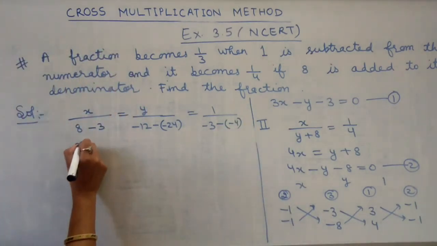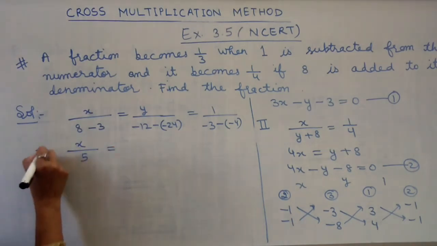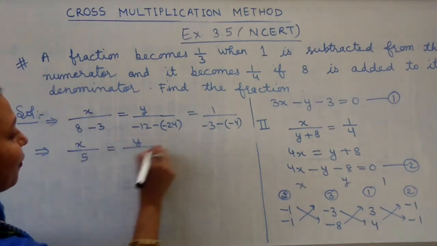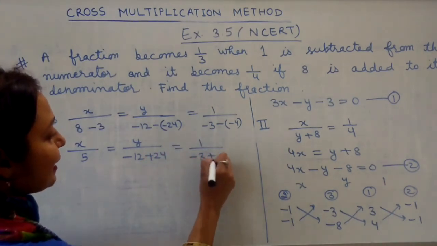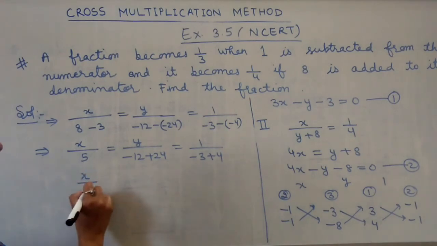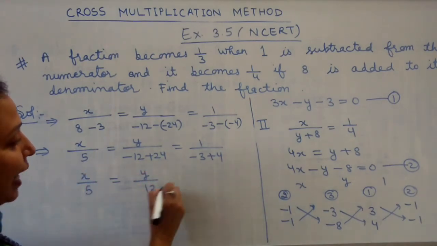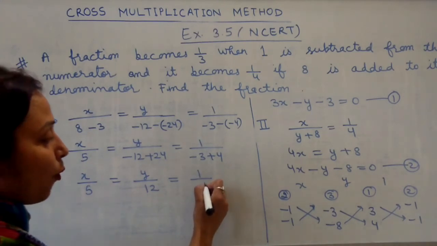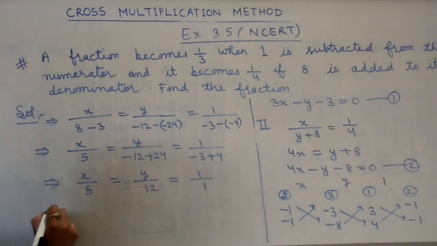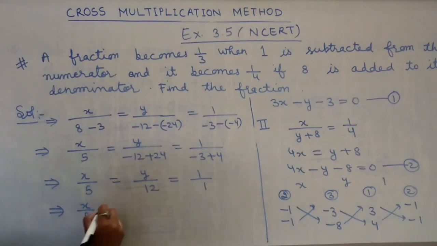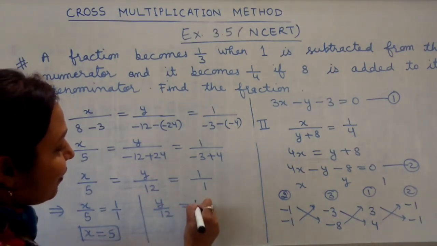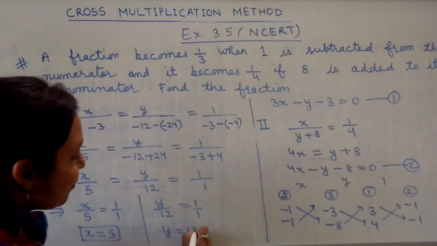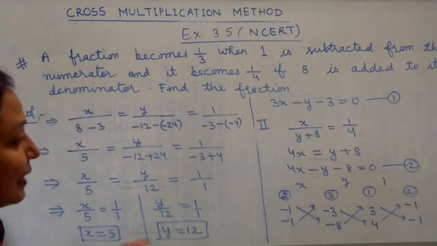Now x upon 5 is equal to y upon minus 12 plus 24 is equal to 1 upon minus 3 plus 4. x upon 5 is equal to y upon 12 is equal to 1 upon 1. Taking x upon 5 equal to 1 upon 1, that means x is equal to 5. Okay, y upon 12 is equal to 1 upon 1, that means y is equal to 12. So these are the x and y values.